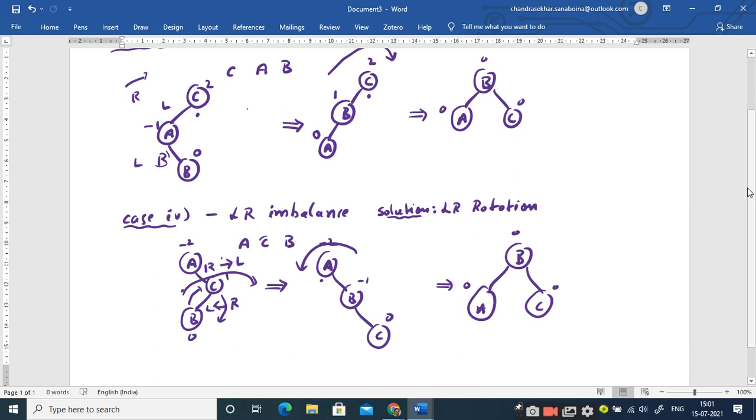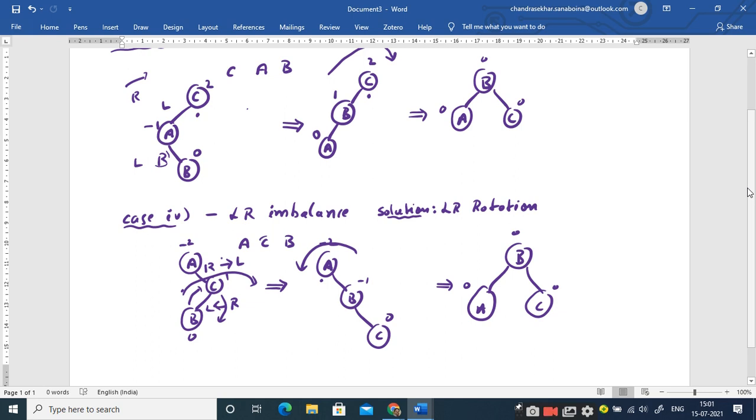Left of right means left child of the right child of a node. Nobody will tell you what are these imbalances. There are no material available in the internet to explain the imbalances. So first of all, we have to explain the imbalances and then we have to give the solutions. Right? Is it clear?